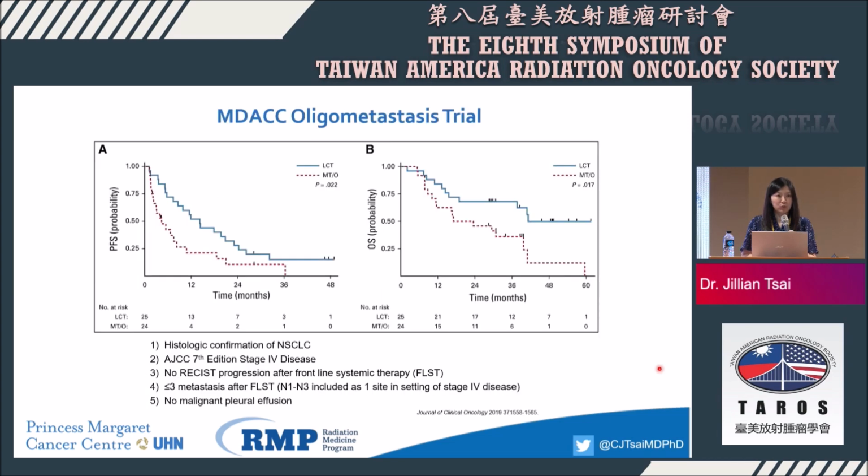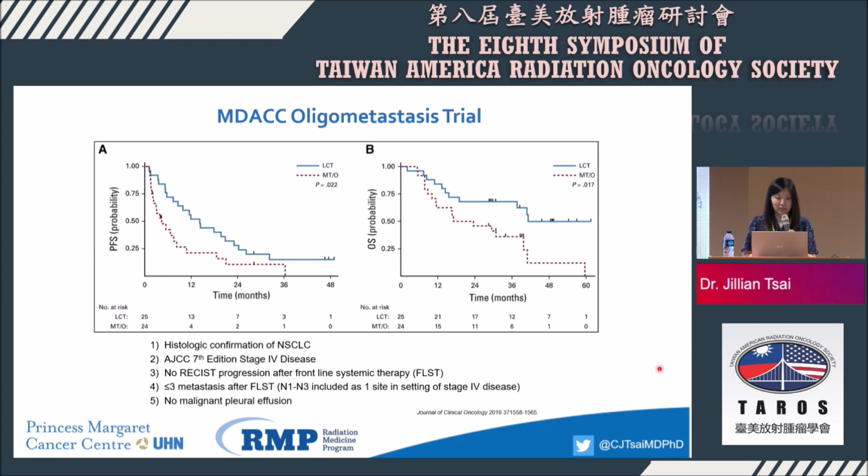So there are a few oligometastatic disease trials that I'll go through pretty quickly, and I think most of you are familiar with all these trials. The first one here was conducted at MD Anderson. It was focused on metastatic non-small cell lung cancer, having been stable on systemic therapy for at least a few cycles, and the patient had less than or equal to 3 metastatic lesions.